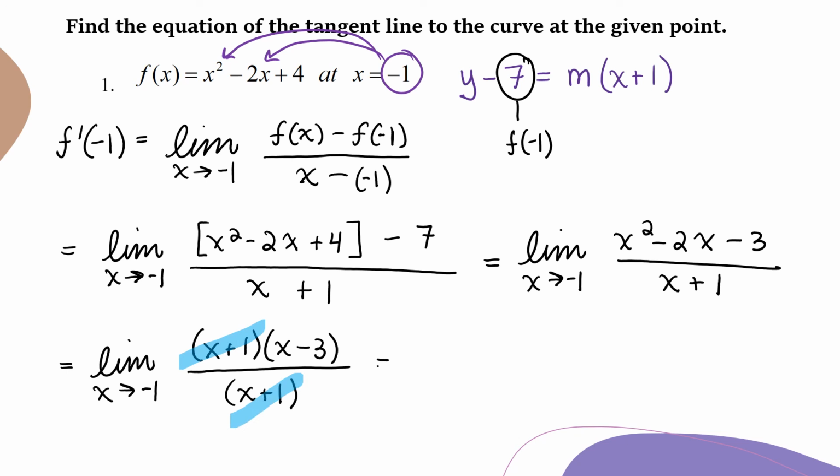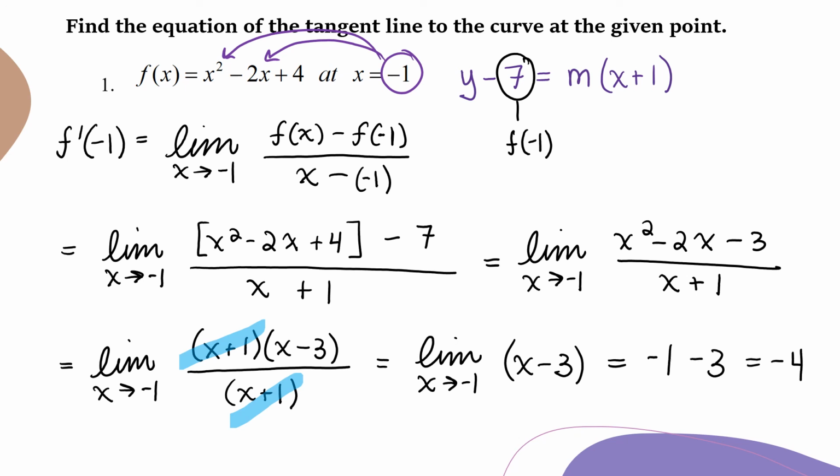And we have the limit as x approaches -1 of x minus 3. And now we can use direct substitution. So we have -1 minus 3, which is equal to -4. And that is the m that we need. So we still get y minus 7 is equal to -4 times x plus 1.